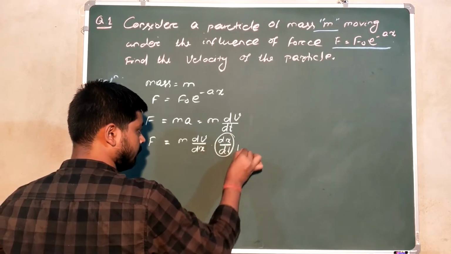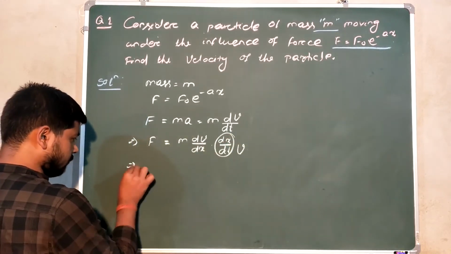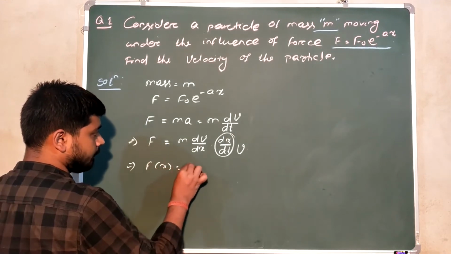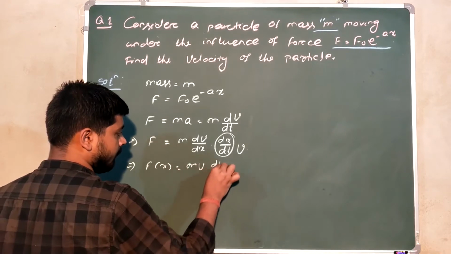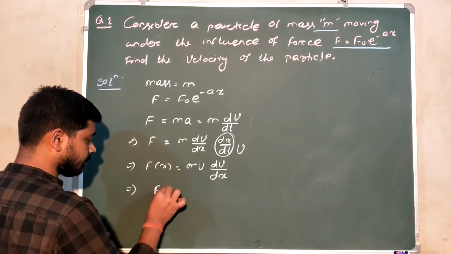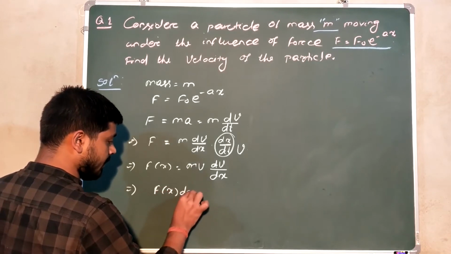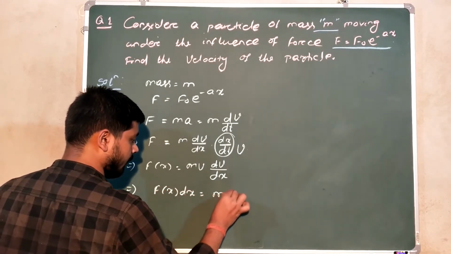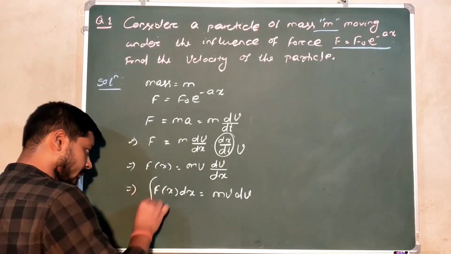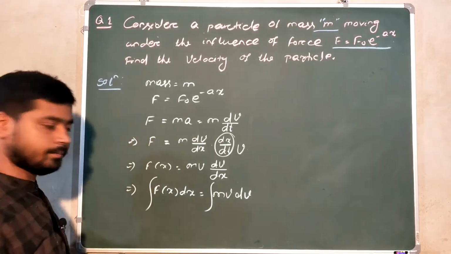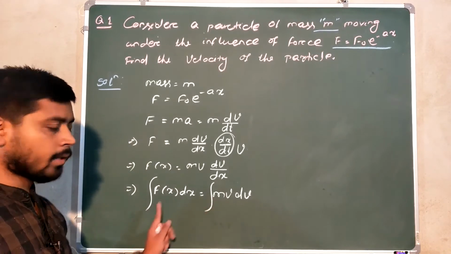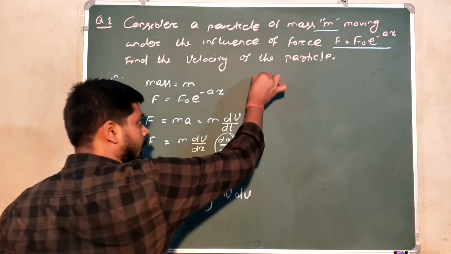This one is the velocity. Then f of x equal to mv dv by dx. That implies f of x dx equal to mv dv. Just taking the integration. Here m is independent of velocity, so m comes out from the integration.